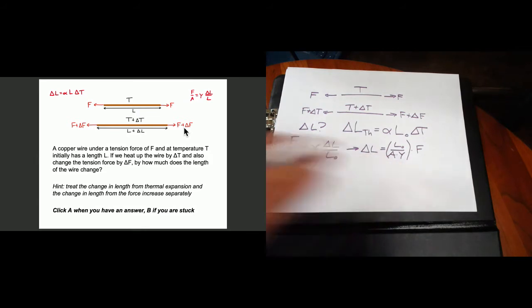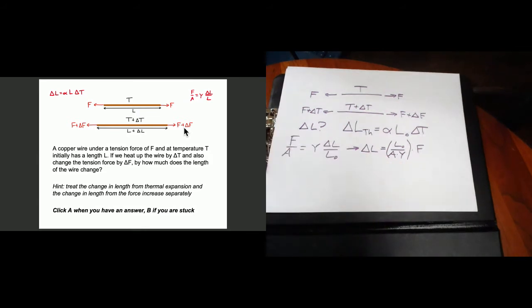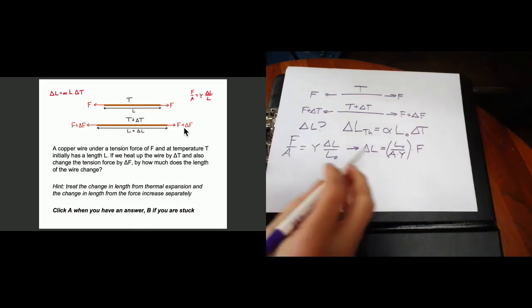This formula has a force which is the total force that's being applied. And this tells me the total change in length relative to the situation with no force. What we want in this question is the change in length that happens after I add an additional force to the wire.